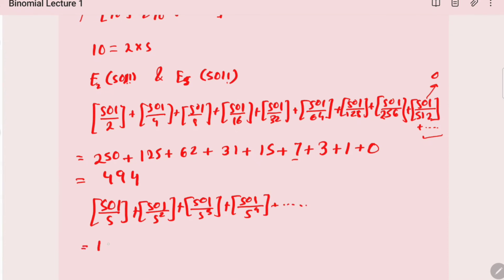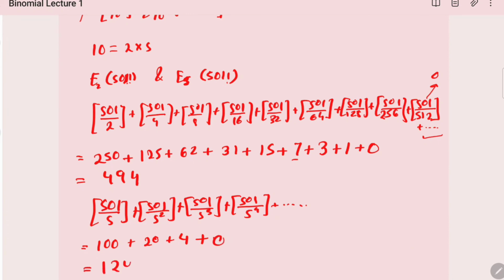So it is pretty much 100, this is 20, this is 4, and this is 501 divided by 625, which is 0.